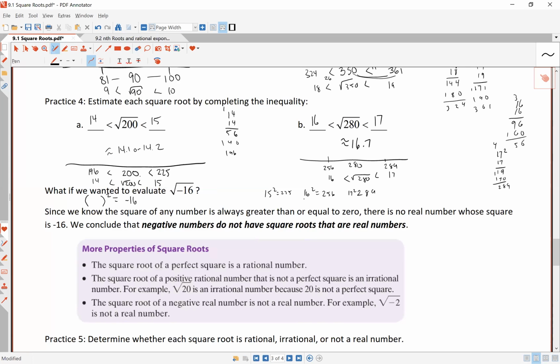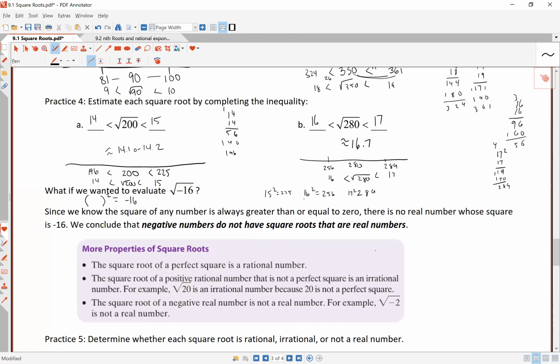And we know that anytime you square a number, you end up being non-negative. So there is no real number whose square is negative 16. So we conclude that negative numbers do not have square roots that are real numbers.